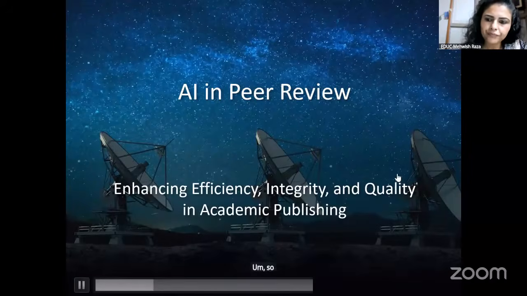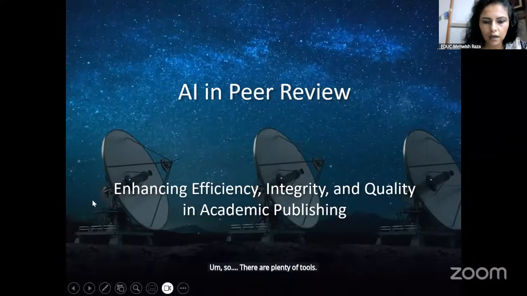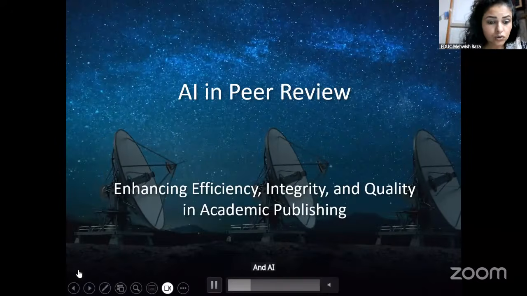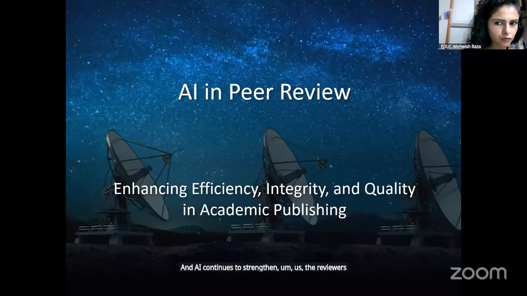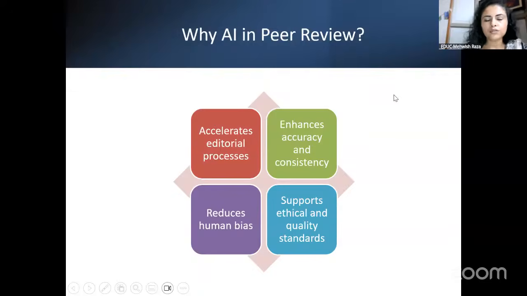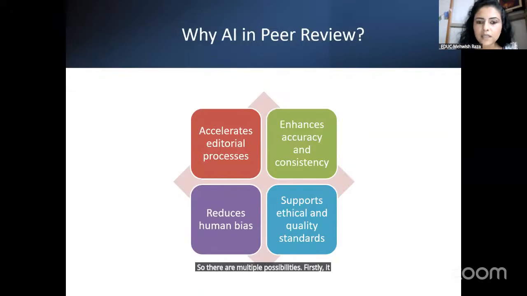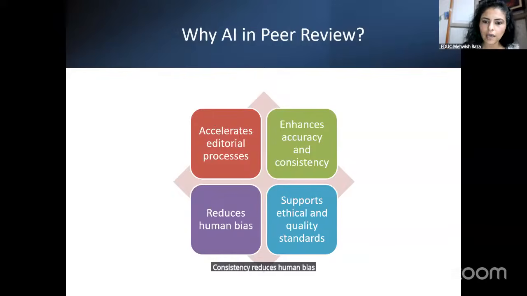There are plenty of tools, and AI continues to strengthen us, the reviewers, in the process of peer review. There are multiple possibilities. Firstly, it accelerates the editorial process, enhances accuracy and consistency, reduces human bias, and supports ethical and quality standards.